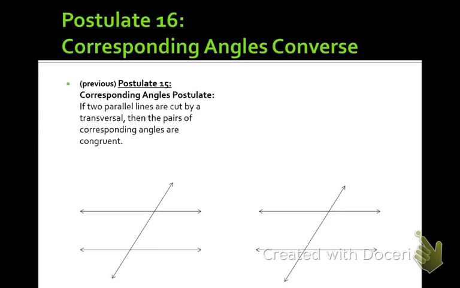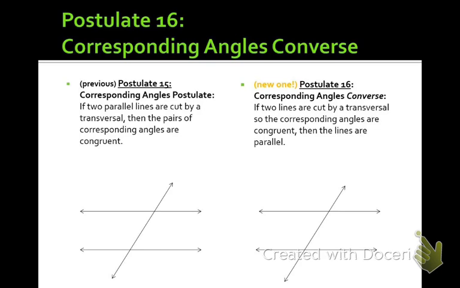So we have to make sure that we understand that there is a difference between these two postulates, postulate 15 and postulate 16, and it's all about what we know and when we know it. What we know and what it is that we want to go find out. So in the corresponding angles postulate, we already know that the two lines are parallel.